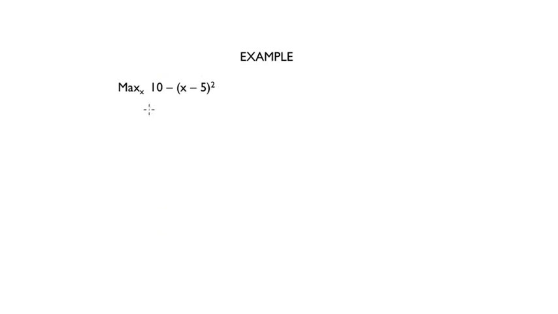In order to find the maximum, we need to first apply the first order conditions, which say that the derivative of the objective function, which in this case is minus 2 times x minus 5, has to be equal to 0. And doing a little bit of algebra, this implies that x at the optimum has to be equal to 5.